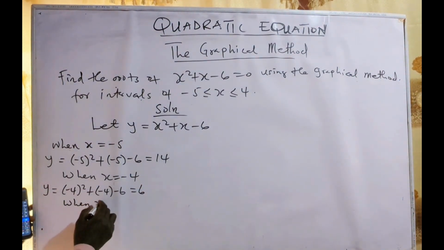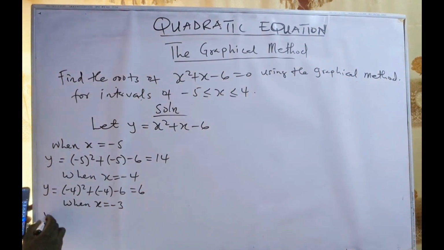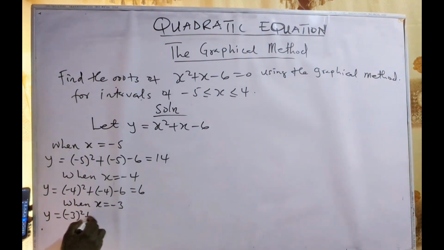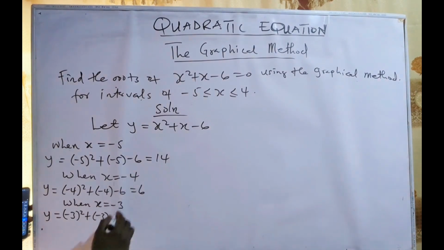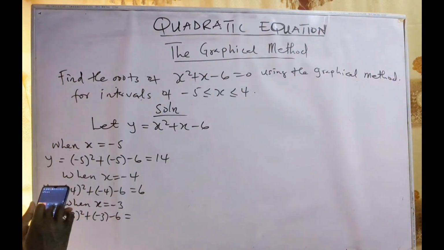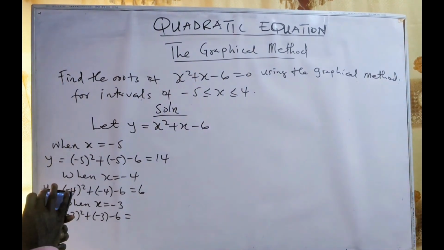And when s is equal to -3, what will be y? y will be equal to -3 squared plus -3 minus 6. And let's see what we are going to get for y. So -3.